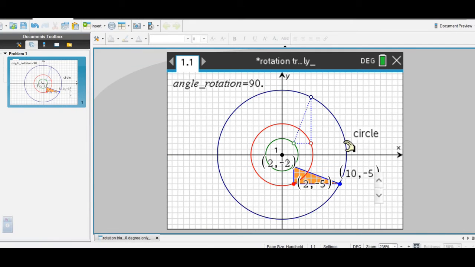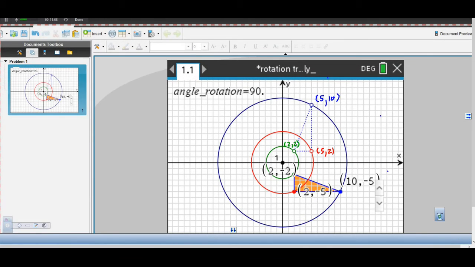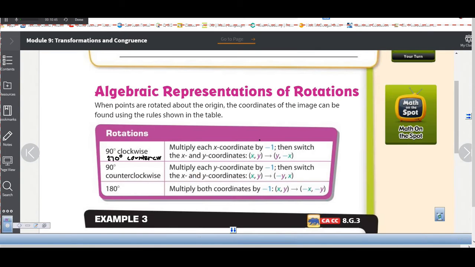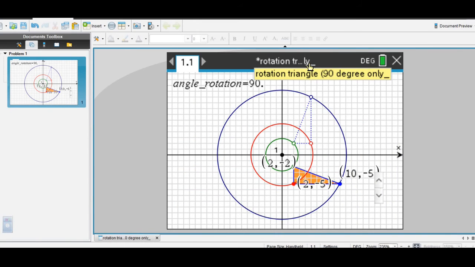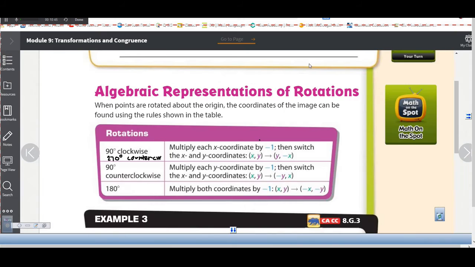All right, so if we want to look at a rotation of 90 degrees clockwise or 270 counterclockwise, switch them and make the second one the opposite, or you can use it the way that they've described it. Okay, so actually let's go back.